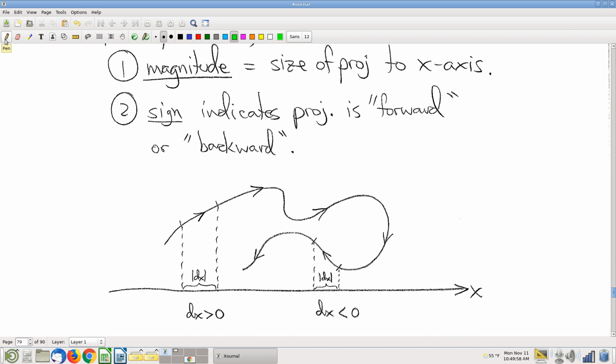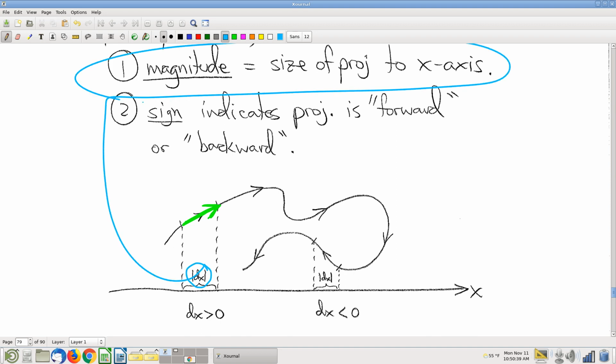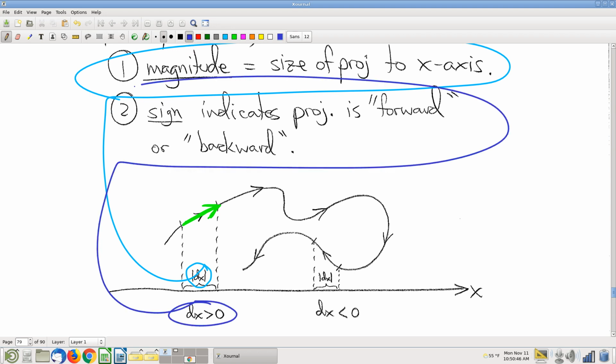Instead of thinking of dx as the amount that x changes, the change in x, that's going to seem weird, but we could think of it instead as, well, look, there's our dx vector, there's our position differential, and if I were to think in terms of how that sort of projects, if I were to look at its shadow down here in the xy plane, there is a corresponding size, and there is a corresponding what I'm going to call a sign.